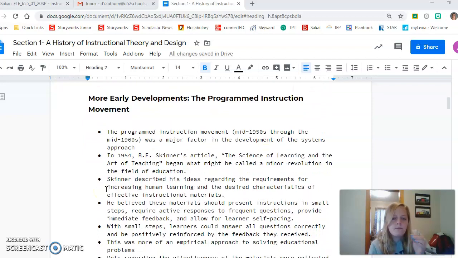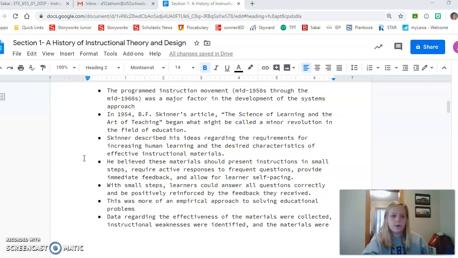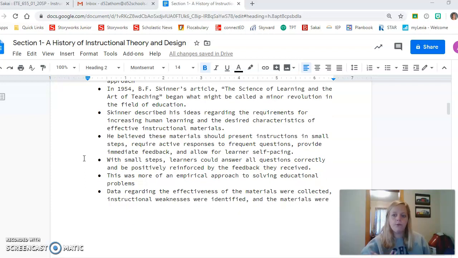And then the programmed instruction movement started. This happened between the mid-50s and the mid-1960s, and it was a major factor in the development of the systems approach. It started with B.F. Skinner's article, in which he describes his ideas regarding the requirements for increasing human learning and the desired characteristics of beneficial instructional materials.